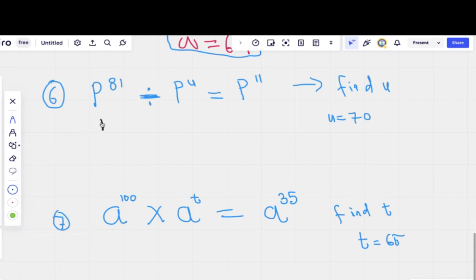We have P. Since this is division, when they have the same base, this is P, this is P, both of them have the same base, so we just subtract. Since this is division, we apply second law. So we say 81 minus U is equal to P to the power of 11. Since again they have the same base now, we equate the power.